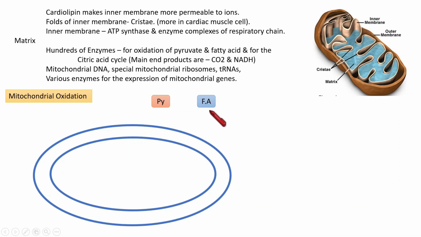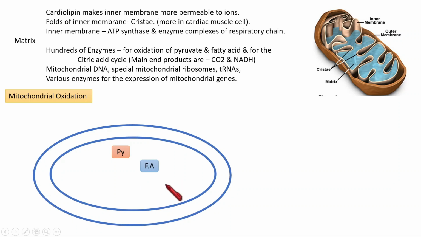Pyruvate and fatty acids are both transported into the matrix of the mitochondria with the help of some special transport process that we don't need to bother about now. Let's simply understand that pyruvate and fatty acid enter the mitochondria. Now it is in the matrix.